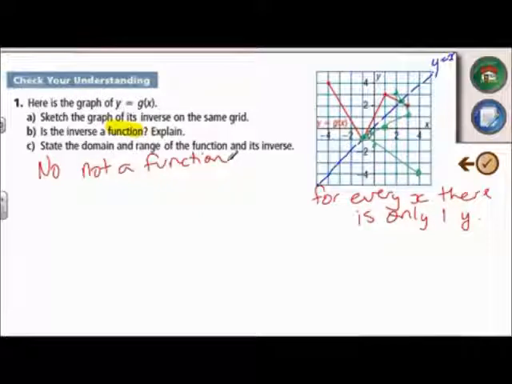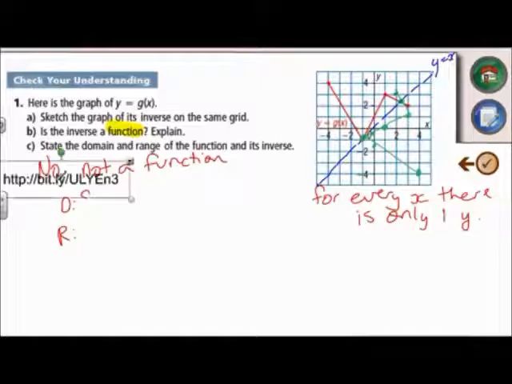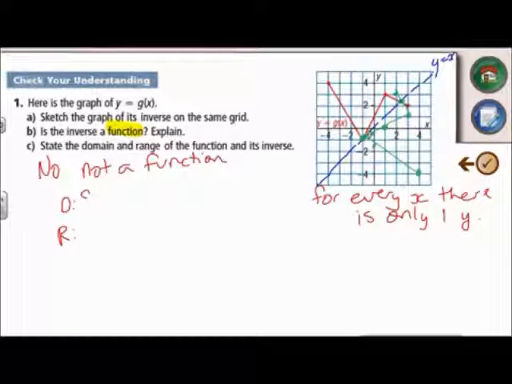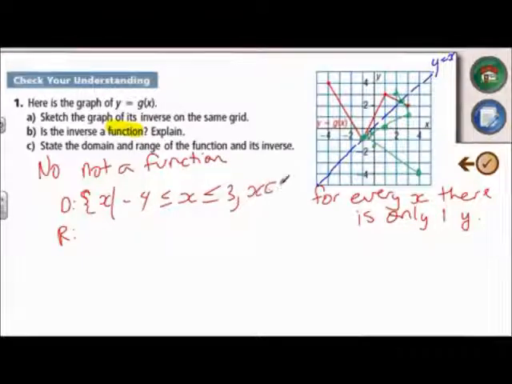State the domain and the range of the function and its inverse. So let's look at the original. I'll use red for the original because they drew it in red. So domain and range. Our x's start at -4 and they finish at 3. -4, all the way to 3, and that's in the real number set.